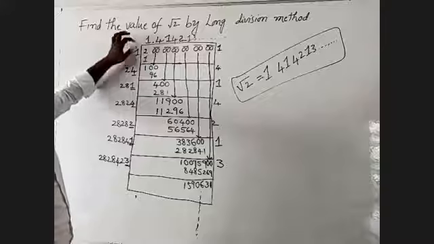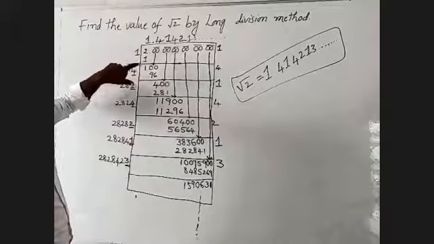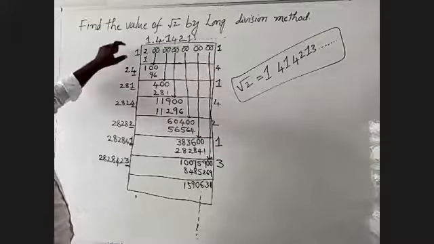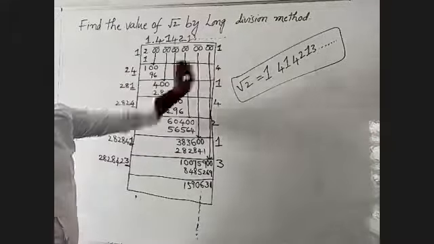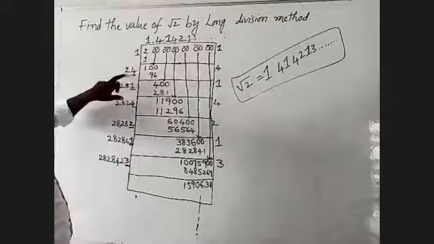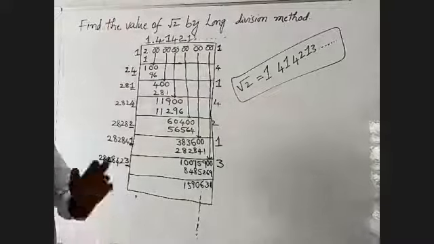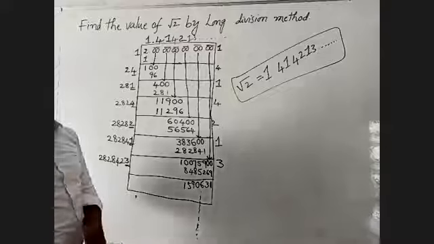This can be multiplied by 2. 2 2s become 4. 2 cannot be subtracted by 4, so I will take only 1. After that, the next step is 1 plus 1 becomes 2. The remainder 100, till this process will be as well.